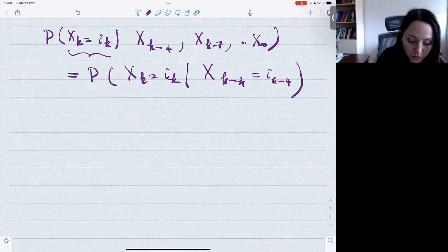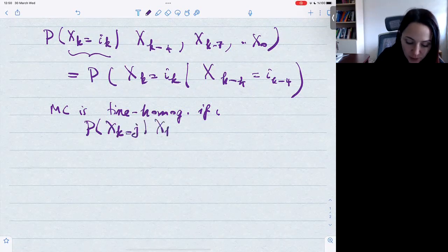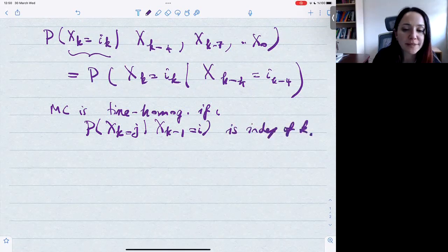Now, a Markov chain is time homogeneous if the probability that X sub k equals j given X sub k minus 1 equals i is independent of the time index k.